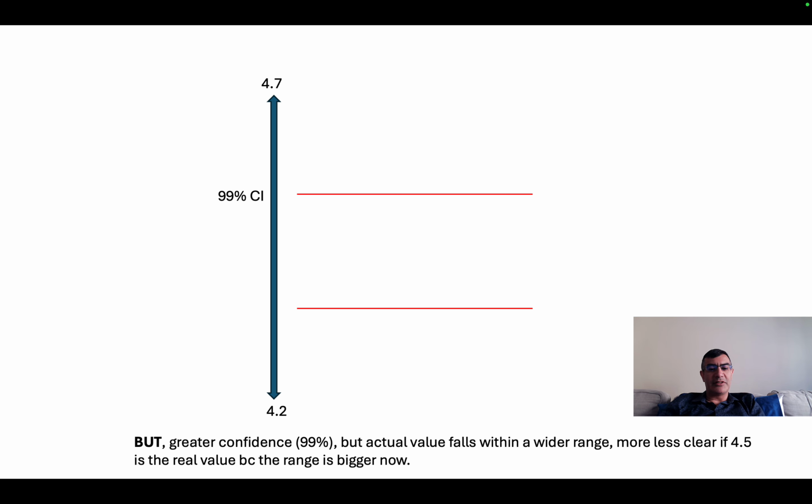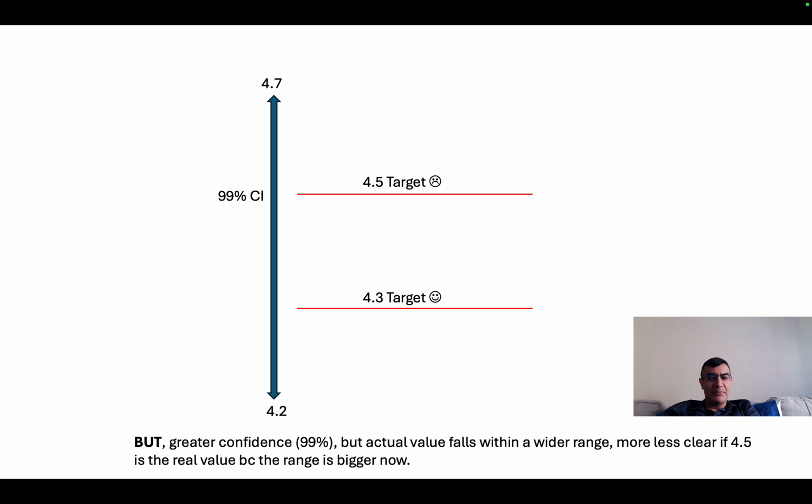The value could be as low as 4.2. We just know it's in between 4.7 and 4.2. Now, if your target is 4.3, in order to be 99% confident, we don't know if it's going to reach that target or not. So you have a greater level of confidence, but you have a wider range of values. So it's less clear when you're 99% confident if you're going to hit your 4.3 target. So keep that in mind.